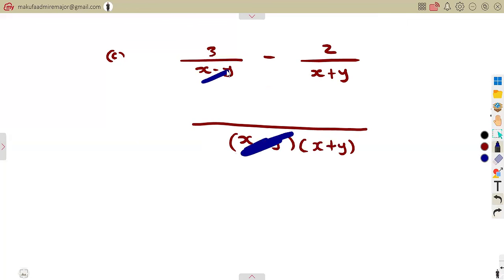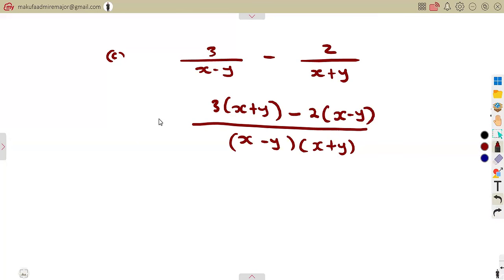This bracket and this bracket will cancel. You remain with x plus y. But you do not cancel, you assume as if you are canceling this, but you do not cancel. The same thing, the x plus y and the x plus y cancel, you remain with x minus. Again, you assume as if, but you do not cancel these brackets. All right, so that will be this way.